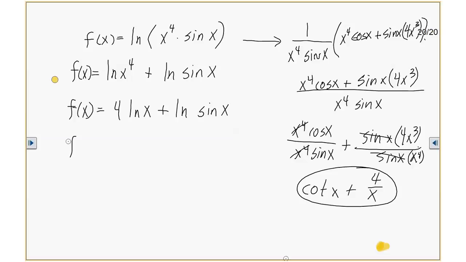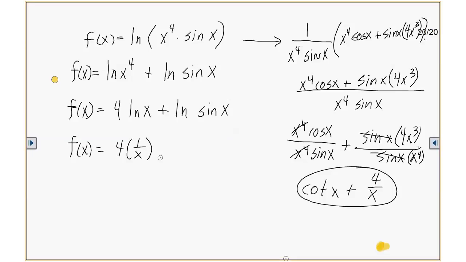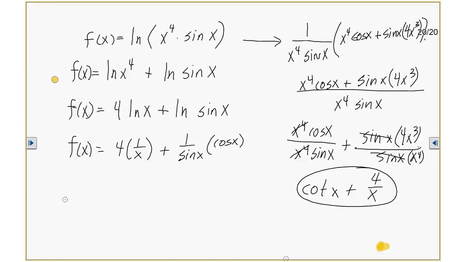F prime of x is equal to 4 times 1 over x plus 1 over the sine of x times what? I'm putting all the steps in here. There's your calculus. The rest is, let's go ahead and make another note of that.